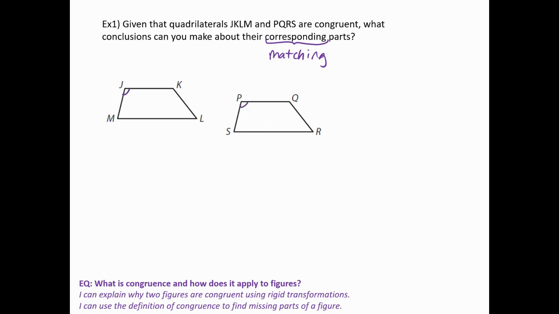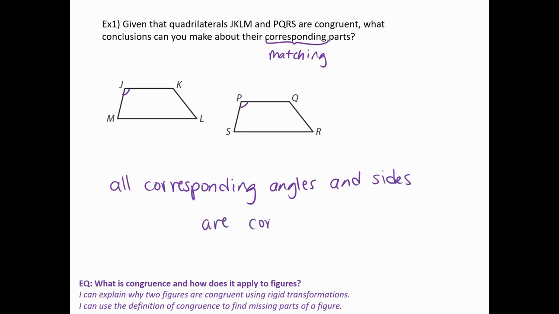I would be able to say they're congruent. If the figures are congruent, all of the parts are congruent. So I would say all corresponding, meaning matching, angles and sides, it's what we just saw in our last little picture, are congruent.